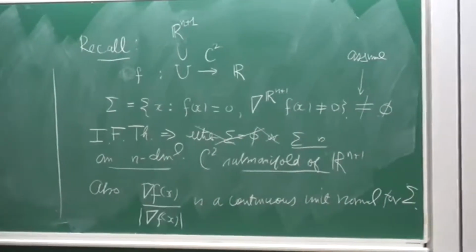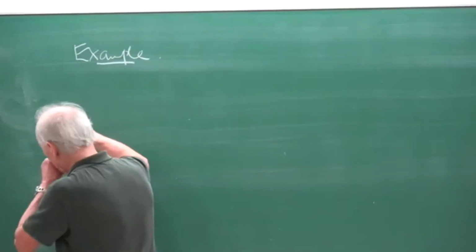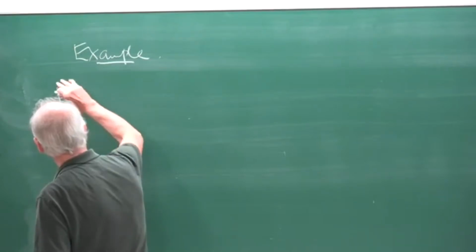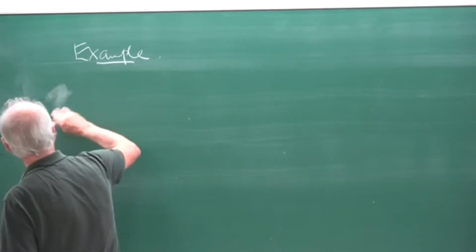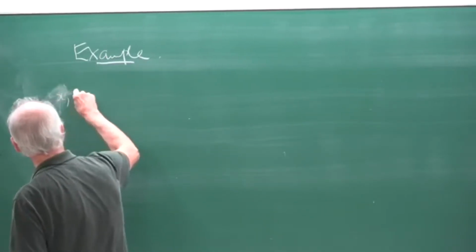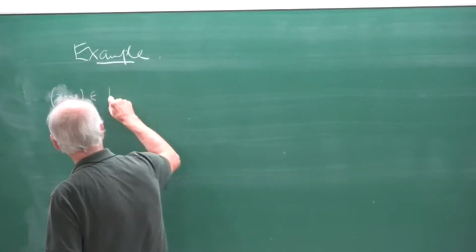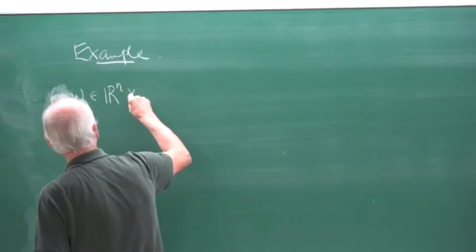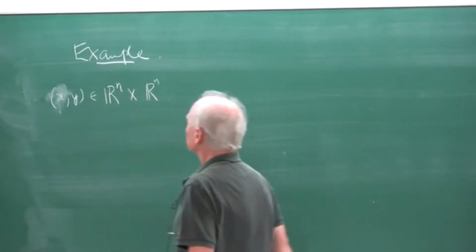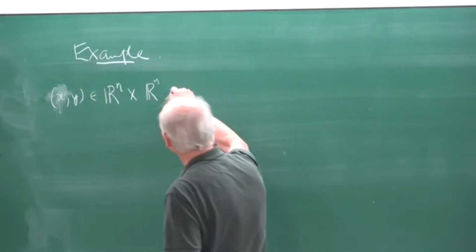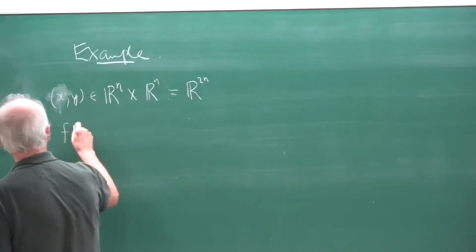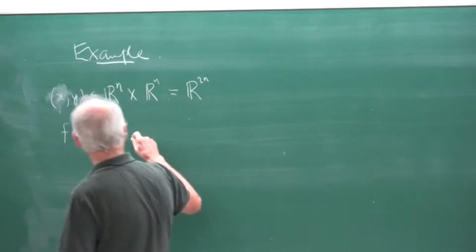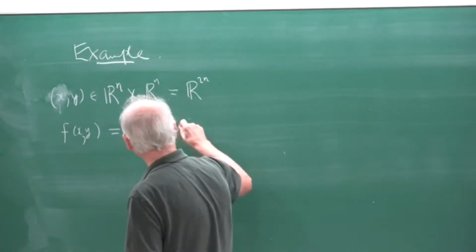So in this example, we're going to be working in R^(2n) actually. So we're going to let points in R^(2n) be denoted (x,y), where x and y are individually in R^n. This is R^(2n). And take this special case when f in this discussion, f(x,y), is just the polynomial half of the length of x squared minus the length of y squared.